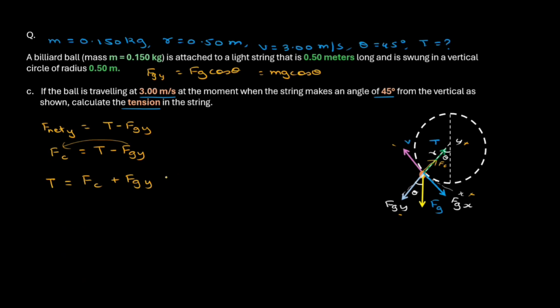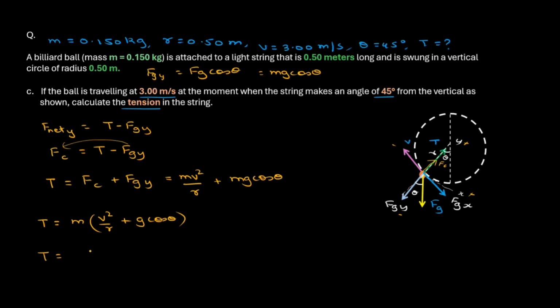Now let's substitute their values. Fc is mv squared over r plus Fgy is mg cosine theta. Take m as common and you get T equals m times v squared over r plus g cosine theta. Now substitute.